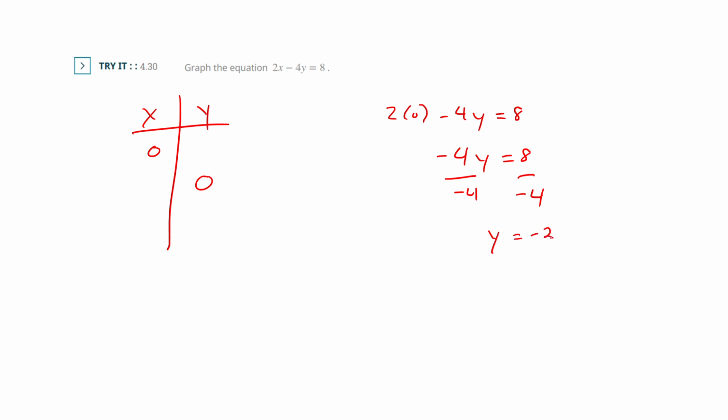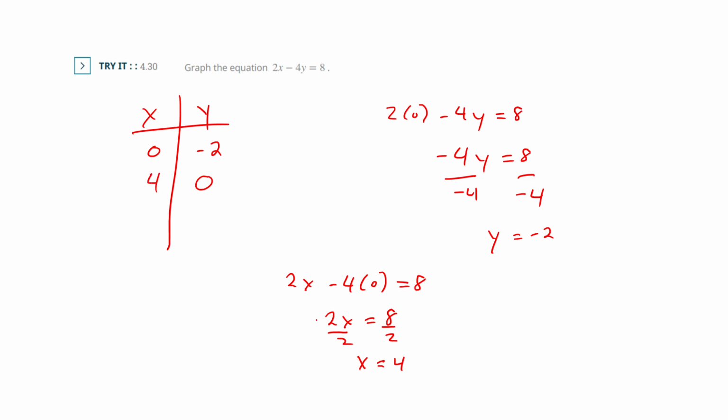Y is negative 2. All right, we're going the other way around. So I get 2x equals 8. So x is going to be 4.